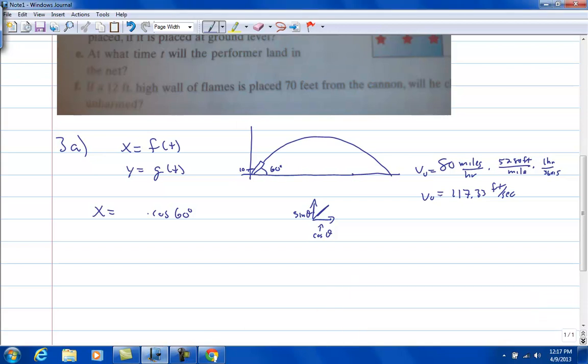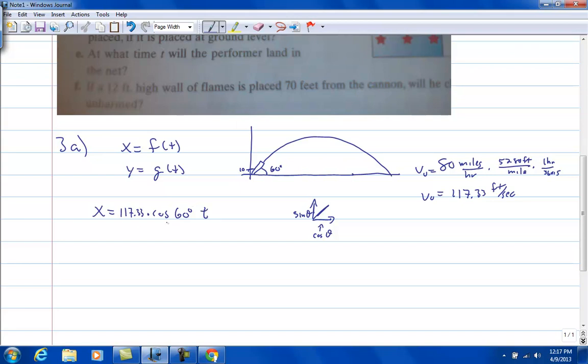Okay, so the initial velocity in feet per second is 117.33. So for the x, for the position function, x is 117.33 times cosine of 60 times t, I should have there.